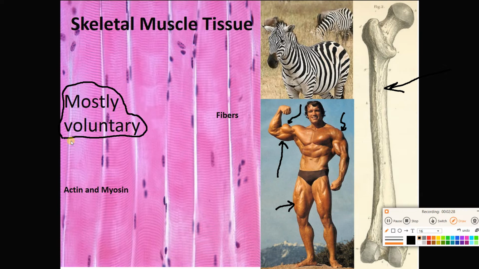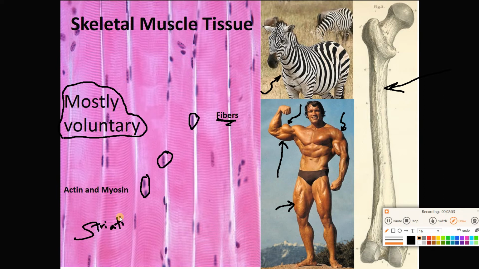Now, muscle tissue cells are often called fibers because they are long and skinny. We know from lab they have a lot of nuclei. They are also not unlike this creature in that they are striped. And the stripes that we see are referred to as striations.